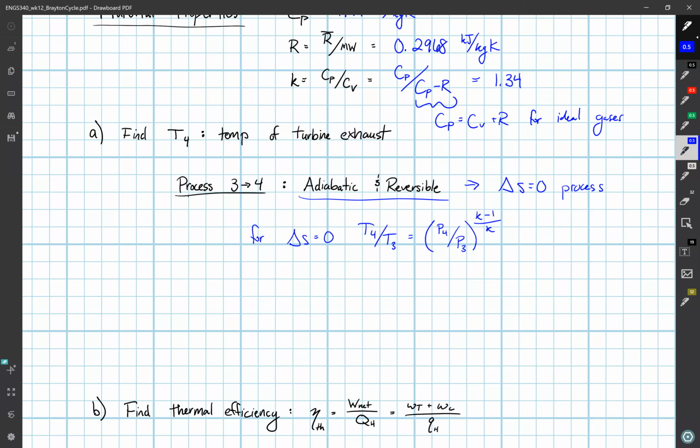We can then plug in our values and solve for our unknown temperature. T4 is going to be equal to T3 times 100 kPa divided by 1500 kPa to the 1.34 minus 1 over 1.34 power.